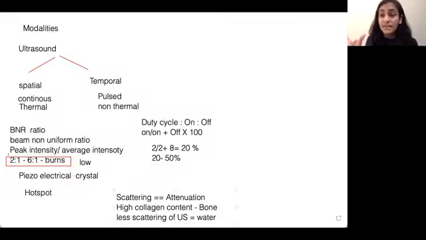Now, if you look at a medium which is responsible for less scattering, we are talking about a medium where scattering doesn't happen a lot. That medium helps in making sure that your rays are not getting scattered. So what medium helps in preventing the ultrasound from scattering? It's going to be any medium with a high plasma content or a high water content.